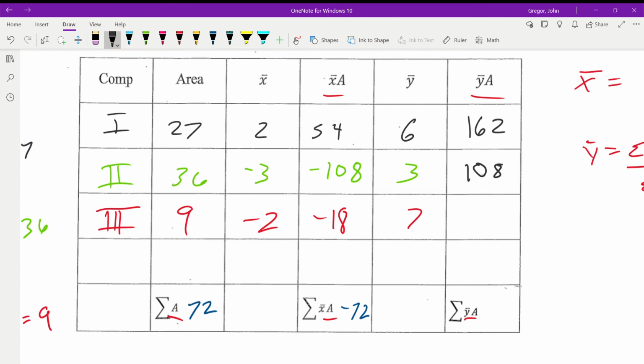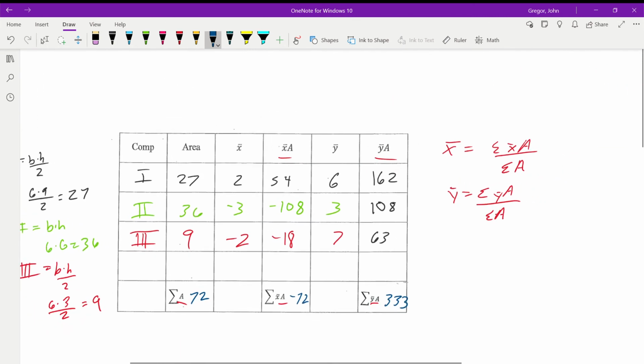And 9 times 7, which I don't know why I didn't do in my head, gives us 63. So 63 plus 108 plus 162 gives you a grand total of 333.